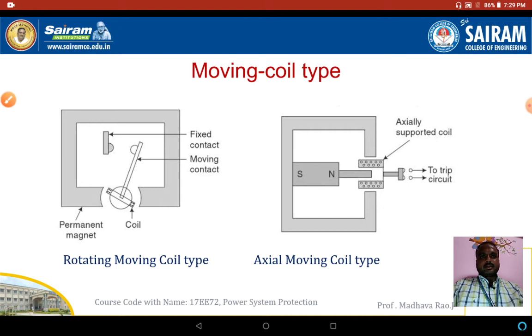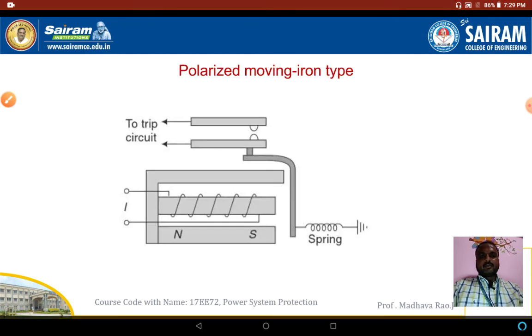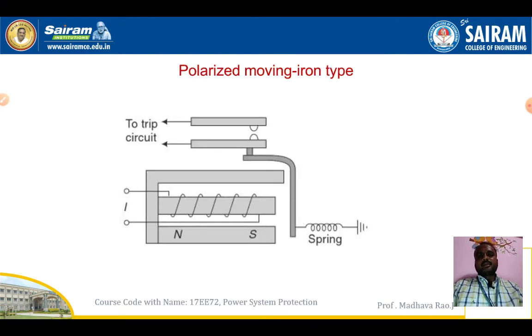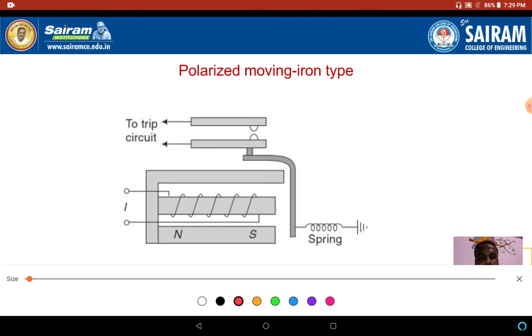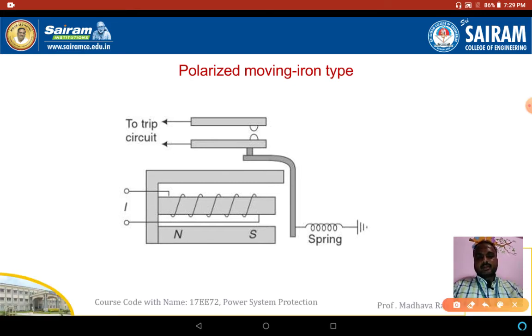Next we'll see one more type of relay, the polarized moving iron type relay. Observe the polarized moving iron type relay diagram. Here we have a coil, tripping circuit and spring.